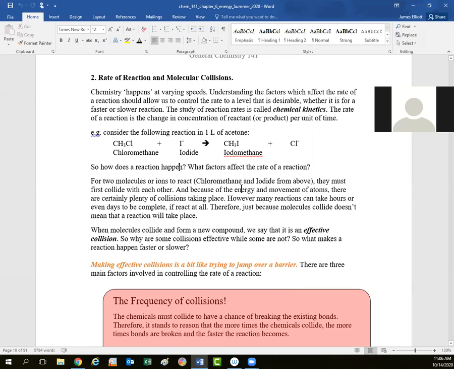Basically a replacement reaction, replacing one thing with another. And it's a like for like replacement, as we talked about in chapter 5, a non-metal switching with another non-metal, specifically another halogen. And so the point of collision also has to be accurate. You've got to be hitting the correct point and the correct part of the molecule.